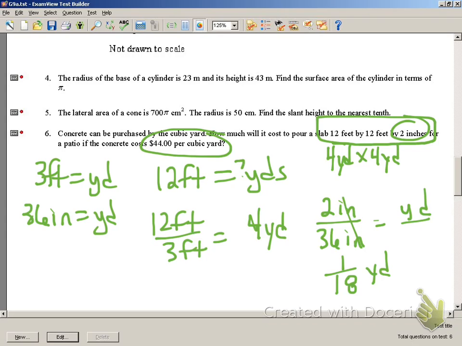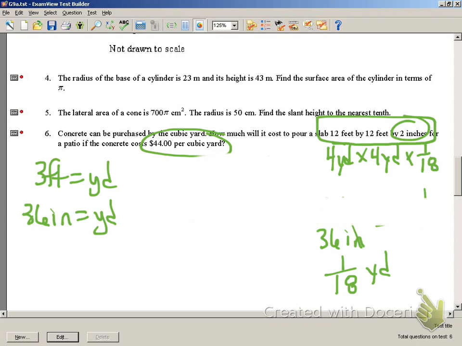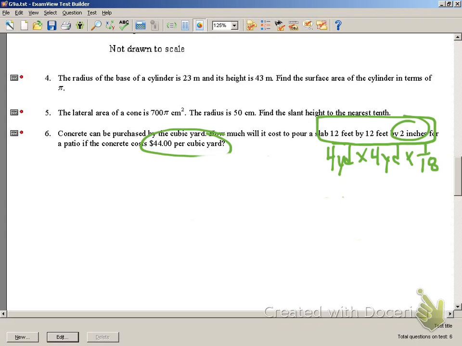So that's our dimensions. 4 by 4 by 1/18. So since we've done all of our conversions, now let's plug in what we know.